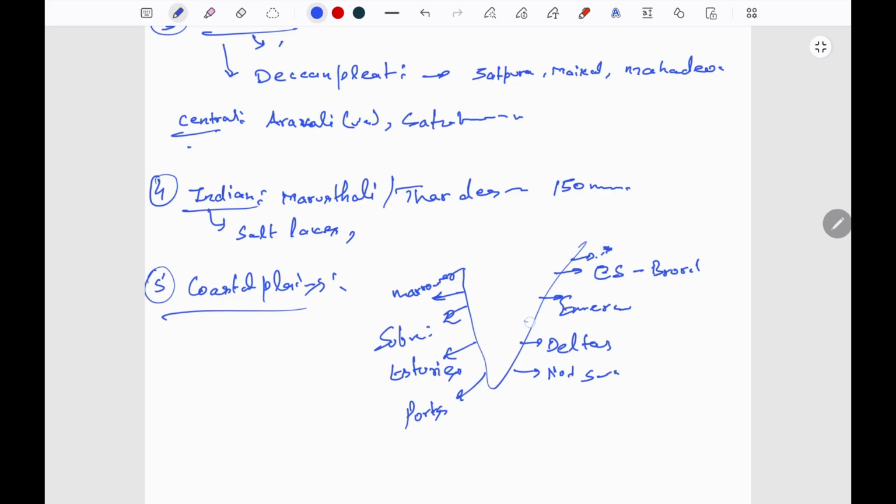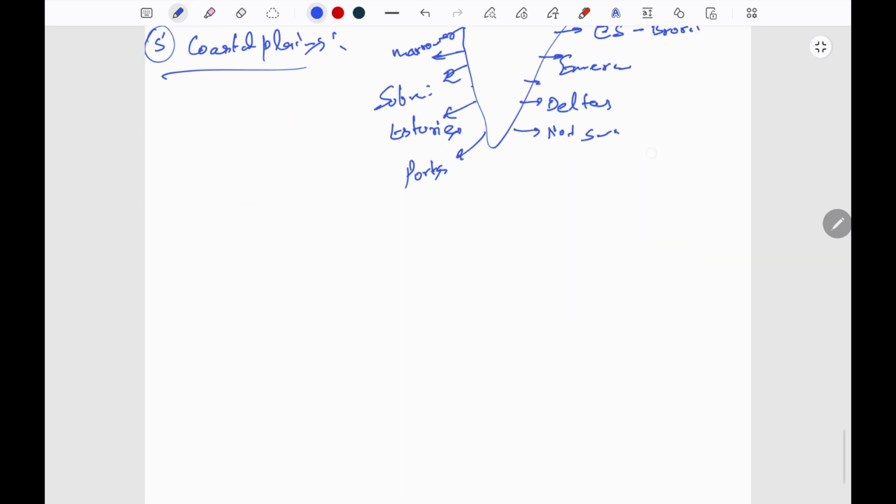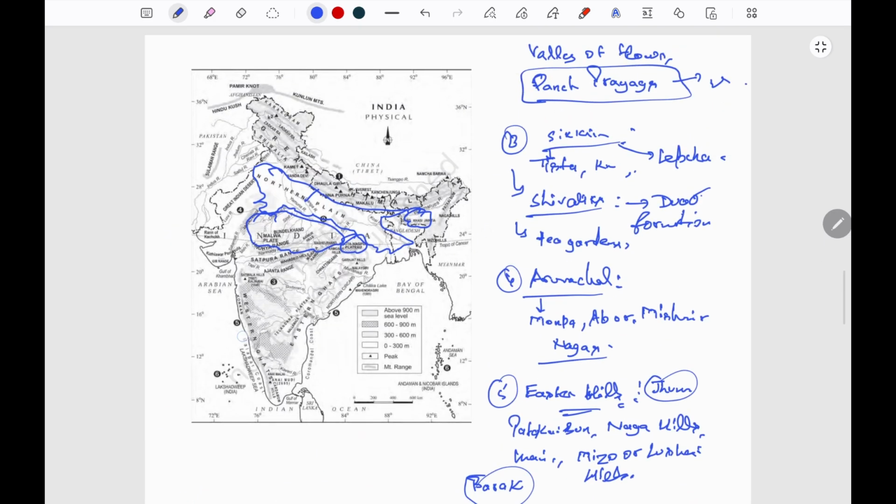A number of rivers drain here, and the rivers that drain into this western coast are short and ephemeral, and these coastal plains are known by different names.